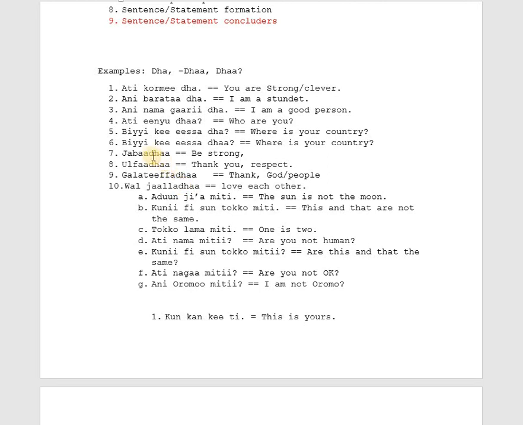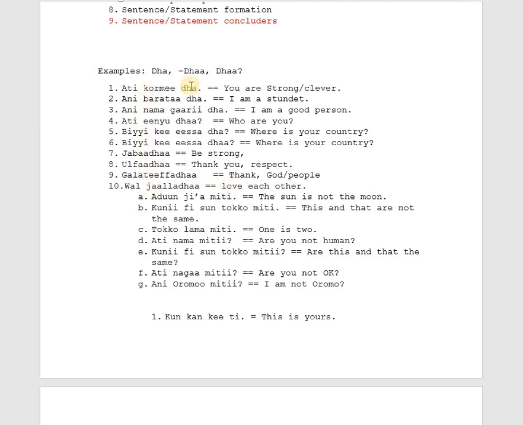It is either plural or an indication of respect. Ulfada can be for money or for an honorable person. Galatefada is the same. It can be for money or for an honorable person.